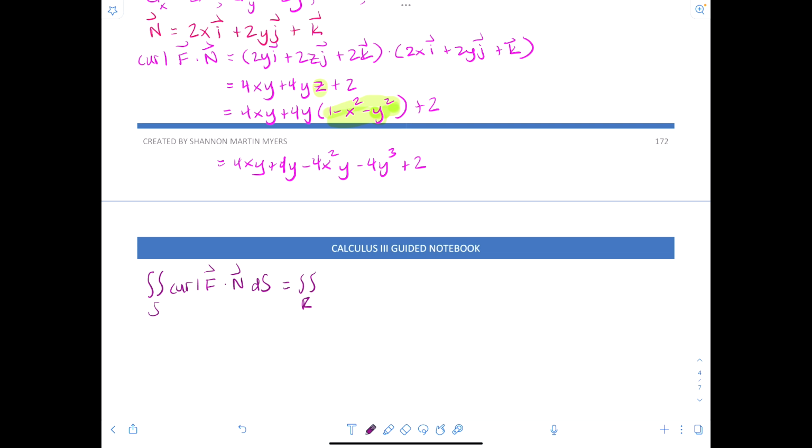And then that's going to be 4xy plus 4y minus 4x squared y minus 4y cubed plus 2. Now, that area is going to be, remember, a circular area, right?